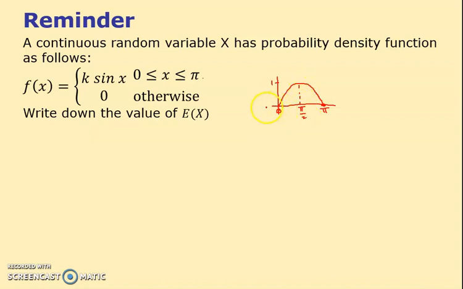Before that and after that it's 0 because it says 0 otherwise. That's a picture. Write down the value of E of x. Well, it's symmetrical, and because it is symmetrical, it's very quick and easy to do this. Therefore, E of x is the halfway point. Look out for the easy ones, pi by 2.